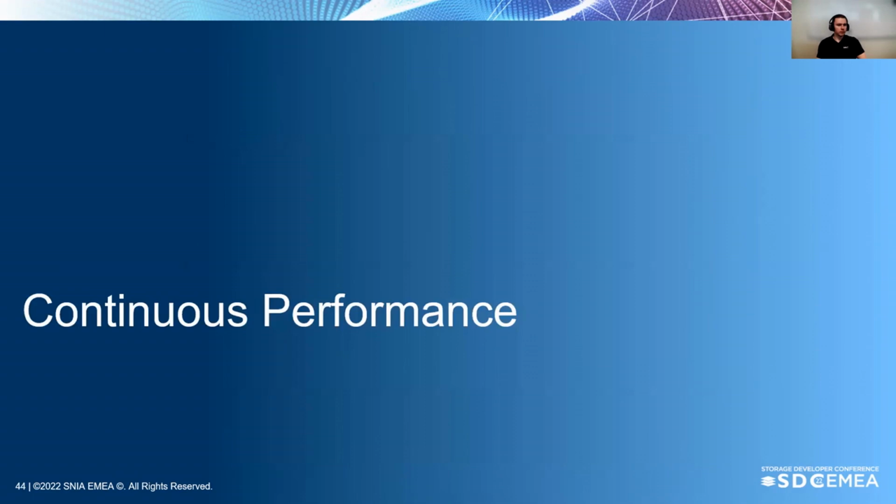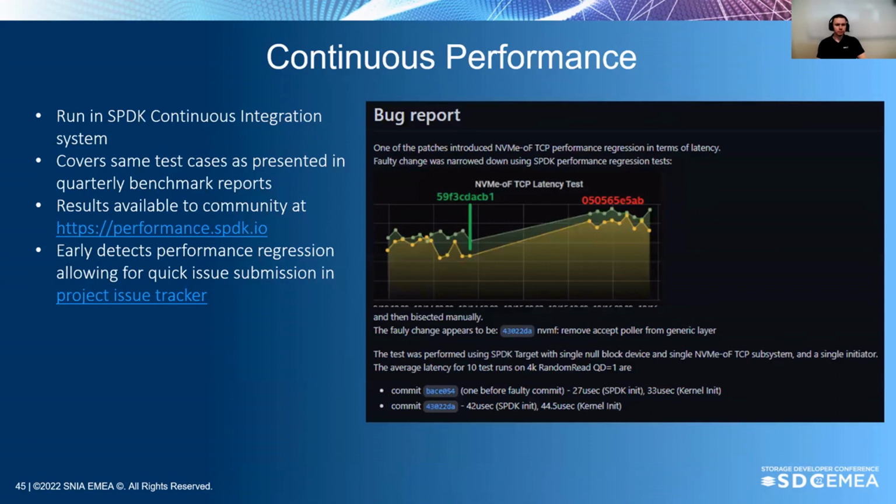A few words about our continuous performance effort. In the previous part of the presentation, we mentioned that SPDK benchmarks are done on a per release basis. And to be honest, that's not 100% true.